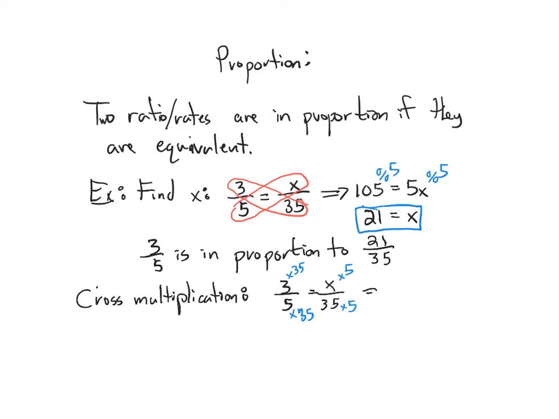So then we have, well, 3 times 35 is 105. 5 times 35, I don't know what that is. I'm just going to write that down. It doesn't really matter. Let me show you why. X times 5 is just x times 5, or 5 times x. And down the bottom we have this 5 times 35.